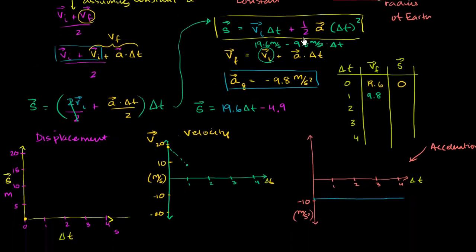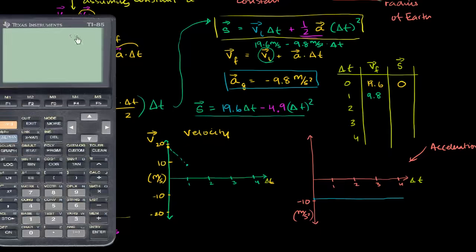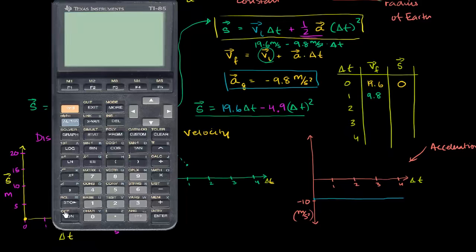So let's focus. So this part right over here, negative 4.9 meters per second squared times delta t squared. And this will make it a little bit easier, although let me get the calculator out. So when 1 second has passed, let me get my trusty TI-85 out. When 1 second has passed, the displacement is 19.6 times 1.